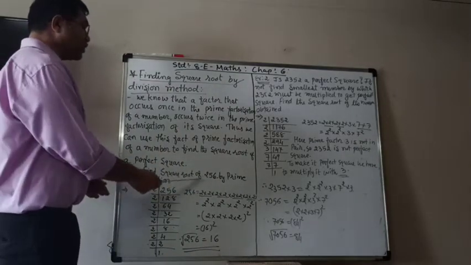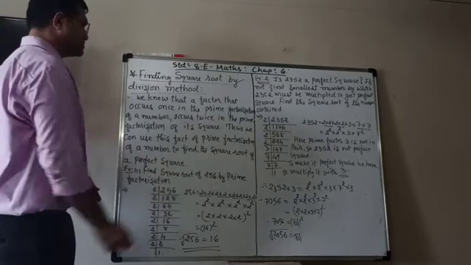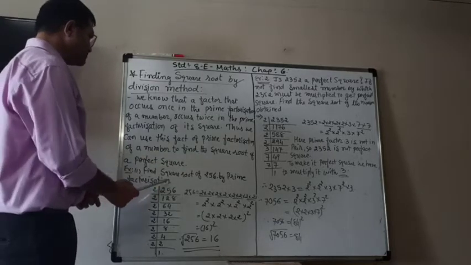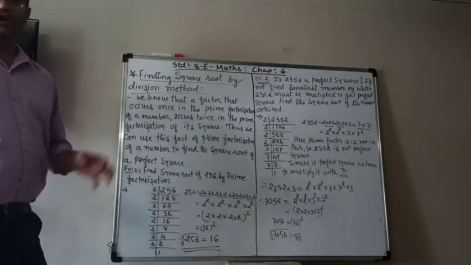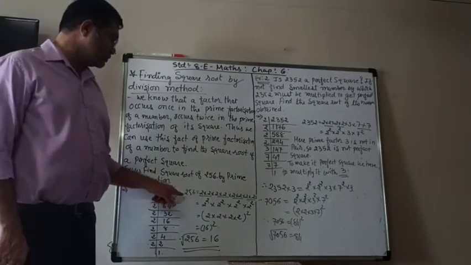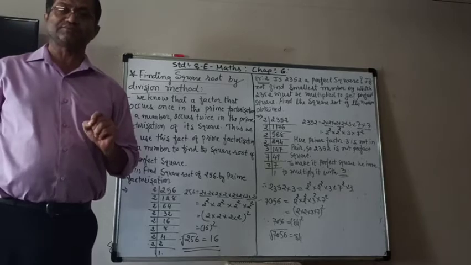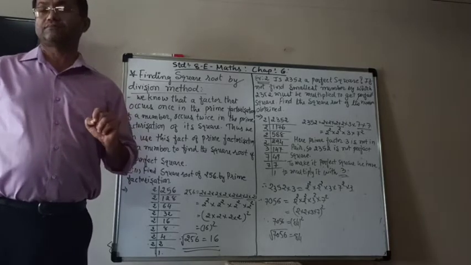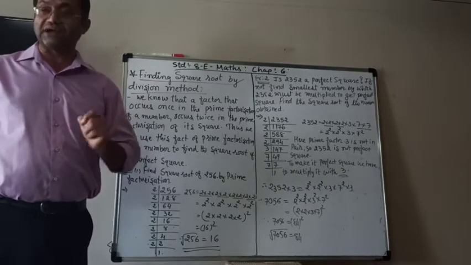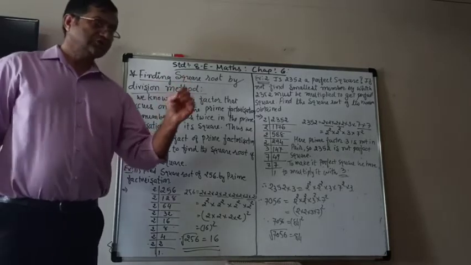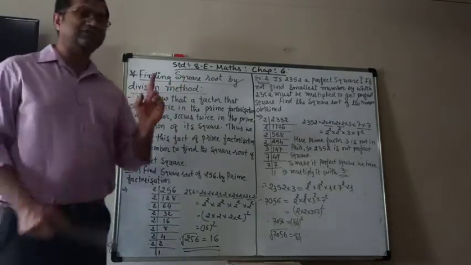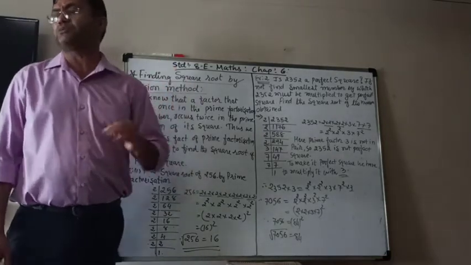Find the square root of 256 by prime factorization. Here, first of all, we have to do the prime factorization of 256, which you already learned in standard 6th, I think. In prime factorization, we start with the smallest prime number 2.